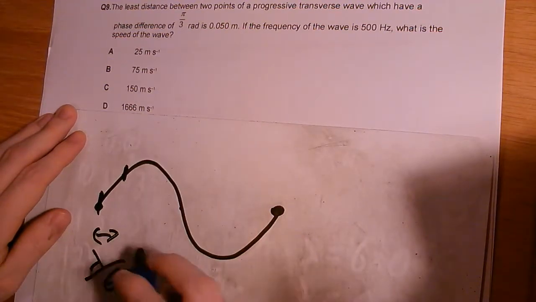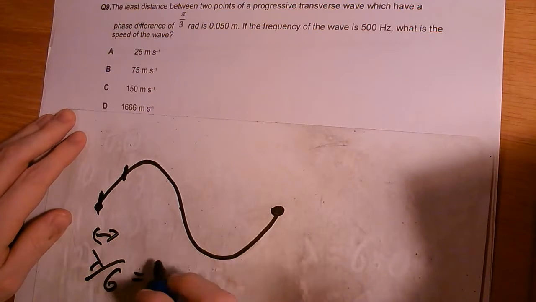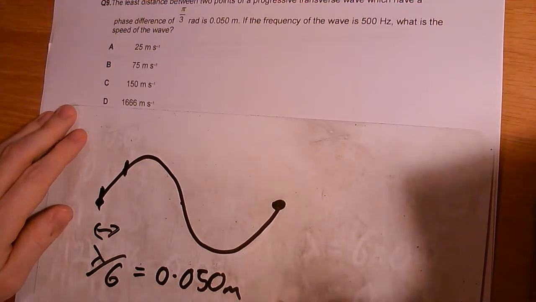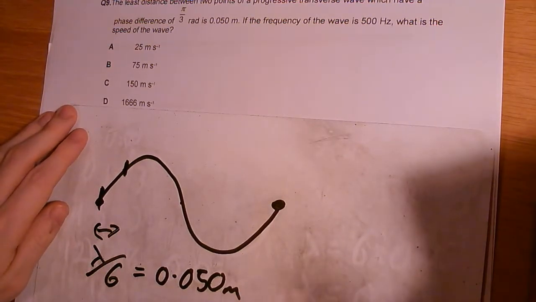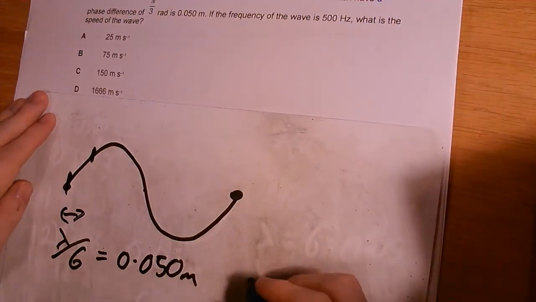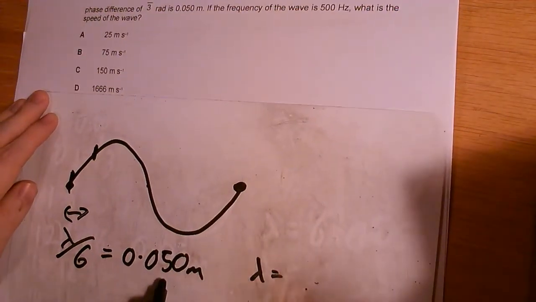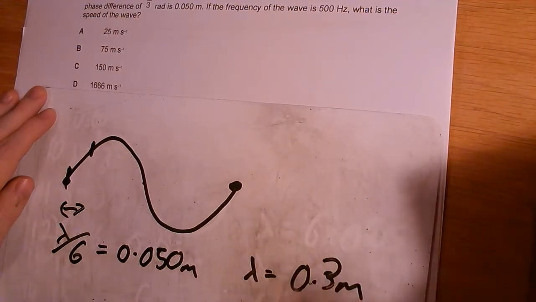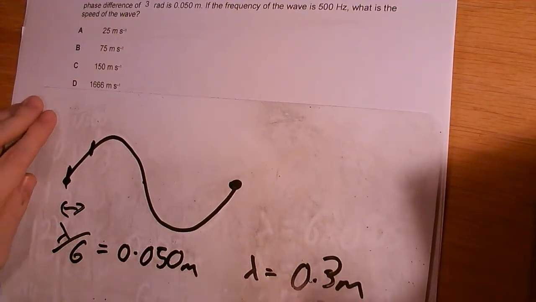So we know lambda by 6, the wavelength divided by 6, is 0.050 meters. Which of course will tell us what the wavelength is, because if we know a sixth of the wavelength is 0.050, then we know straight away that the wavelength is going to be 6 lots of that. It's going to be 0.3 meters, so that's going to help us in a moment.